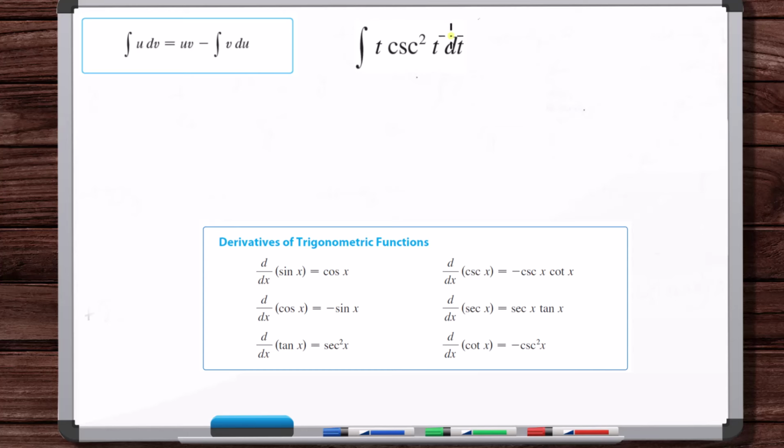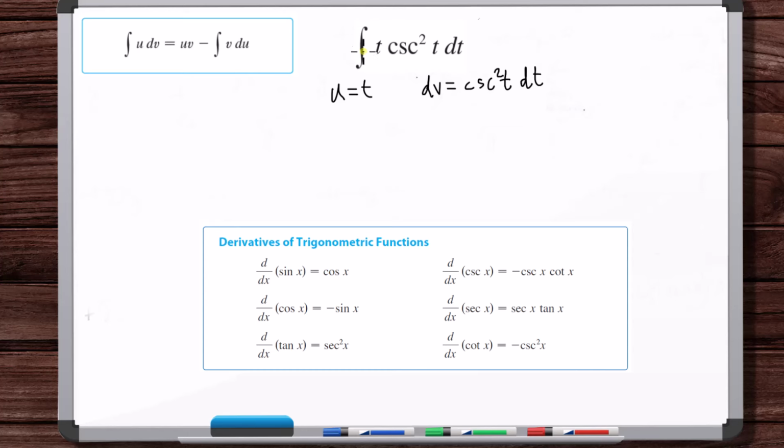So what we want to do is say that dv is equal to cosecant squared t dt, and then u is equal to t. It's whatever's going to be easiest to work with, because that's the part that can mess us up.